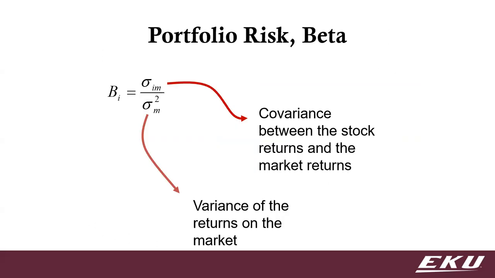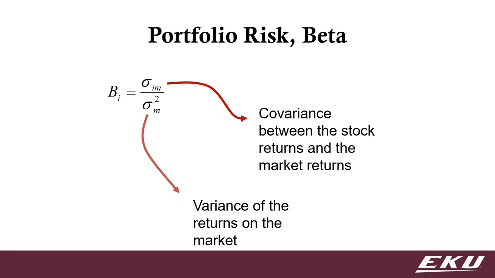So when we calculate this, we're going to take the covariance between the stock returns and the market returns, and then divide that by the variance of the market. That's what gives us beta. So if the covariance between the market returns and the stock returns were the same as the variance of the market, you get a beta of 1, and that's the same as the market.